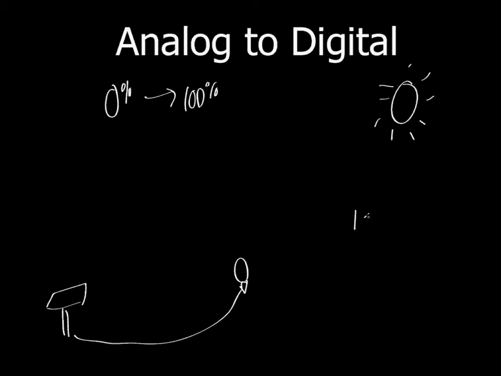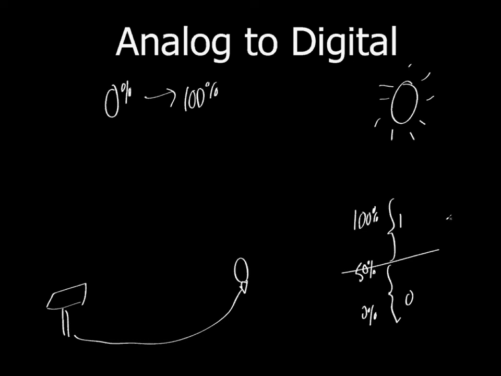So we could have 100% light and 0% light. If we divide this into two possible zones, we could have 1 up here and 0 down here. So 1 would represent anywhere between 50% and 100%, and 0 would represent anywhere between 0 and 50%.